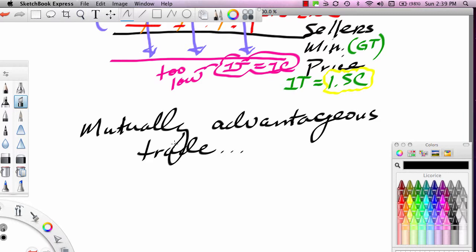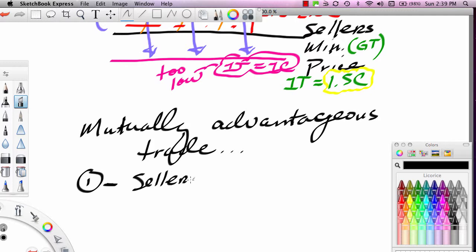My wife and I were just outside and my hands are still cold. I apologize. My right hand hasn't awakened yet. If you're going to have mutually advantageous trade, you're going to really have to see two conditions met.